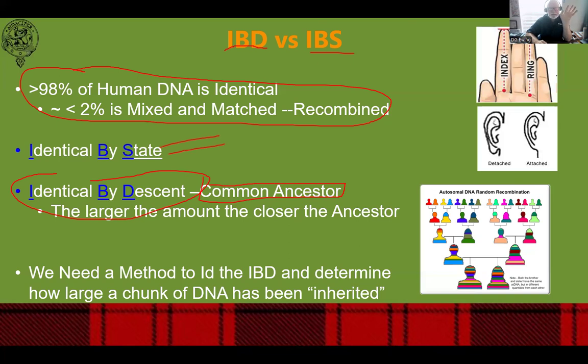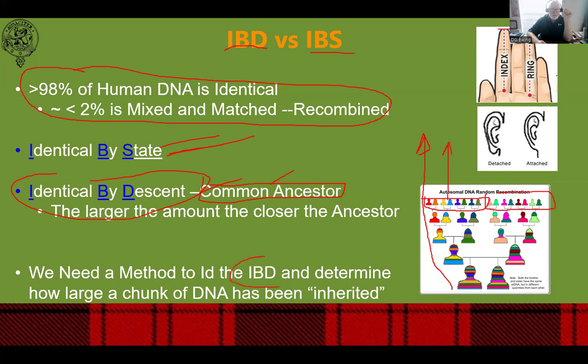So this is a little confusing, but when we say common ancestor, within, I don't know, 15 or 20 or so generations, it's easy to distinguish which ancestor we got the DNA from. As we go back, it becomes harder and harder, to the point that we say it's matching because of state, as opposed to it can be identified to a common ancestor.